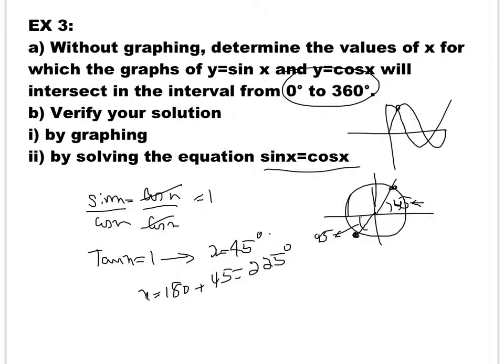Now, one thing I have to explain to you is that the answers that you got are 45 degrees and 225. When you use a technology like Desmos, I am sure you're going to have a problem, because what you see on the x-axis are going to be numbers like 1, 0.8, 0.7, and you may be surprised, how can I relate 45 degrees to the number which I see on the x-axis?